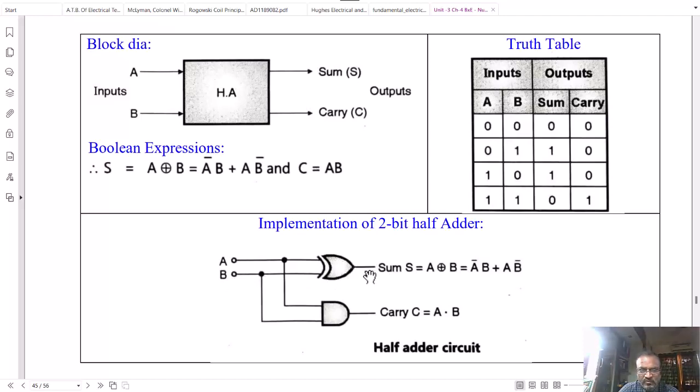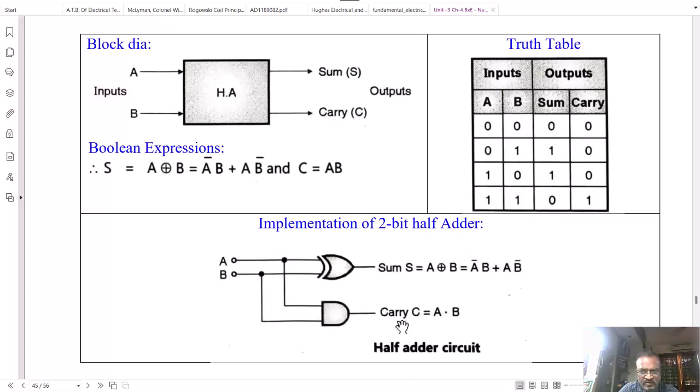Connect these two inputs to the input of the exclusive OR gate. So you are getting the output of exclusive OR gate, that is S is equal to A bar B or A B bar, and therefore here you are getting the sum of the two bits.